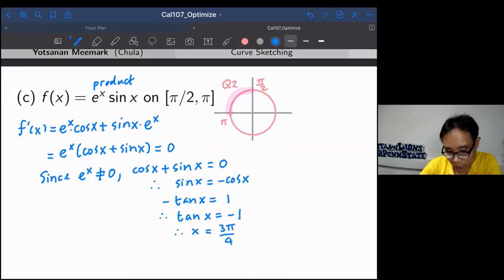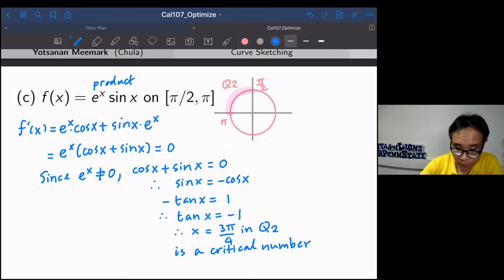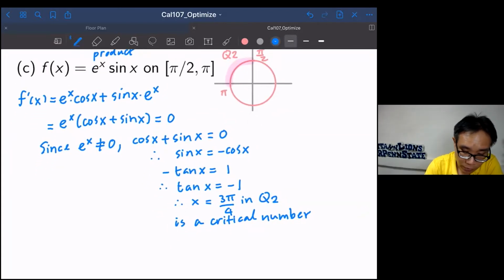Okay, so the point that you're looking for in quadrant 2 is a critical number. It's going to be only one critical number in this case. So this one is your first step. For the second step, I'm going to have to compare three values.